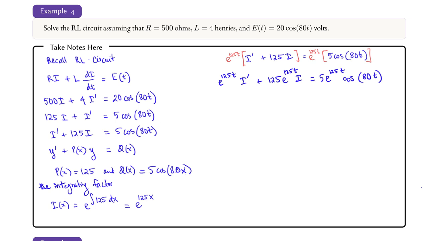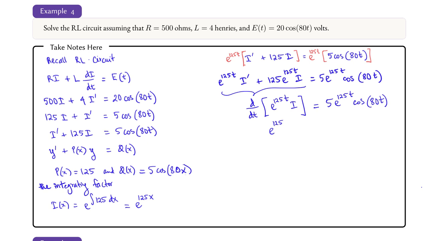We are guaranteed that the left-hand side is the derivative of the product of the integrating factor, which is e to the 125t, and i. You don't have to check this, but if we do, we notice that the derivative of this product is i prime times e to the 125t plus i times the derivative of e to the 125t.